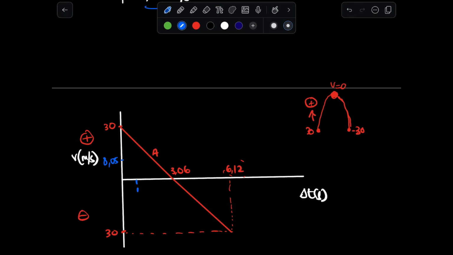But remember, ball B starts 1 second later. So when it starts 1 second later, it's going to start there. And remember, the gradient, which is the slope of this curve, they need to be the same.